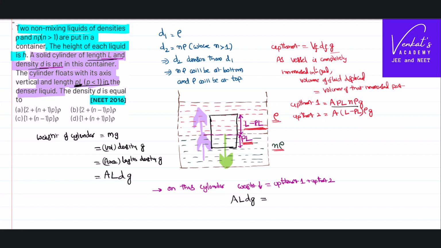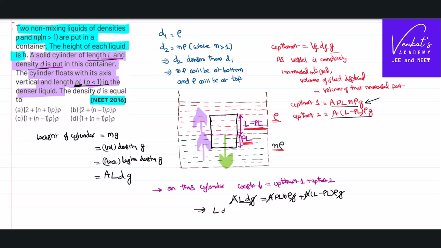Upthrust 1 is A times PL times N rho g. Be careful between the P's and the rho's. Plus upthrust 2, which is A times L minus PL, times rho and g. So the areas can be cancelled, and the g's can be cancelled. Let's see what is remaining.